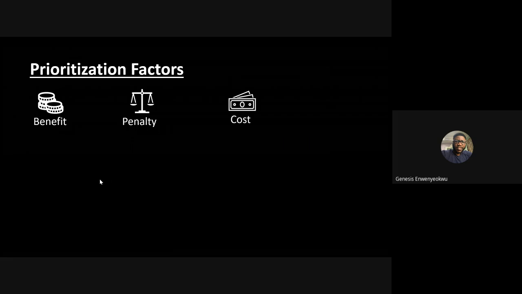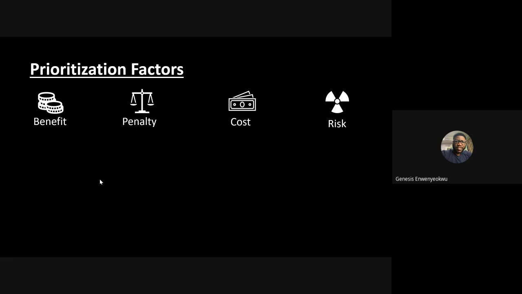Project B will cost us 5 million Naira. But Project D will cost us 8 million Naira. Because Project D will cost us more, and we might not be able to afford it, even though we like Project D, we don't have the money to satisfy it, we'll end up prioritizing Project A and Project B ahead of Project C. So sometimes prioritization is influenced by costs.